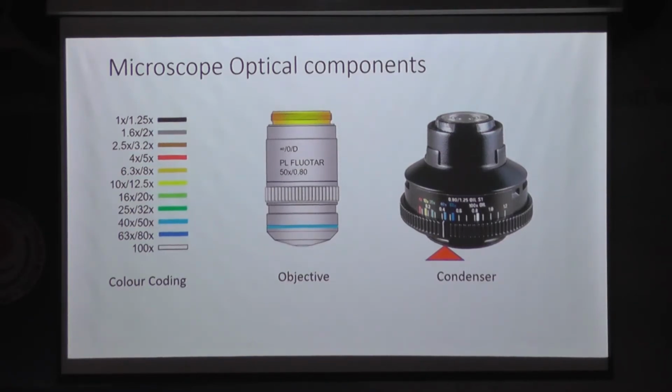What's happening here is, the condenser also has to be matched. There is a color coding in Leica Biosystems, and we follow this color coding. 100x will be all white, 63x and 80x will be dark blue, lesser than that will be light blue. So here you can see this is 50x, and this color is matched here.